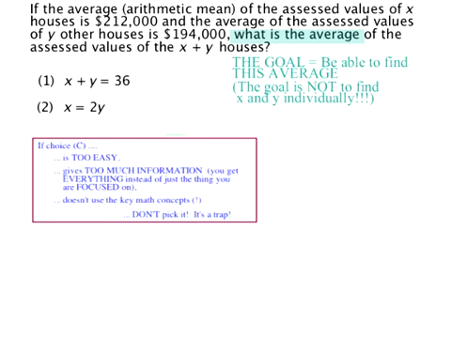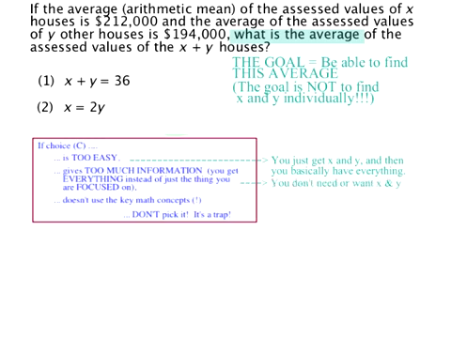So if you pick C, it's too easy. You just get X plus Y. You get X and Y, and then you basically have everything. It's too much information because you don't need X and Y, or want them for that matter. And it doesn't really use the key concepts because you're ignoring the idea of a weighted average.